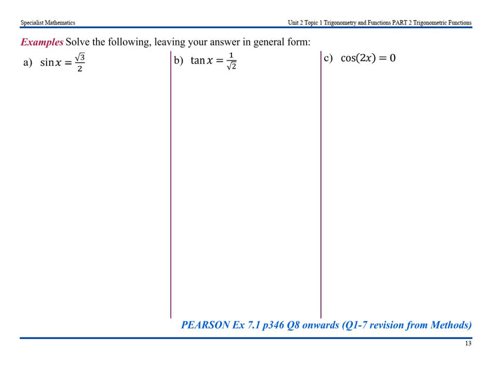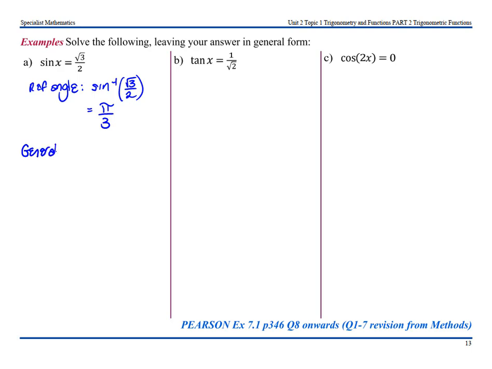So let's look at some examples. Pause your video and have a go at these yourself. First, for sine, our reference angle is inverse sine of root 3 over 2, and that is pi on 3.